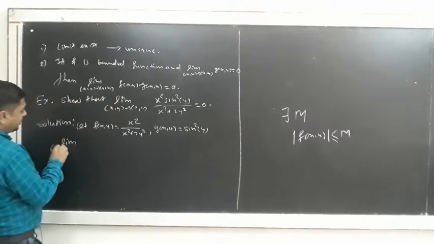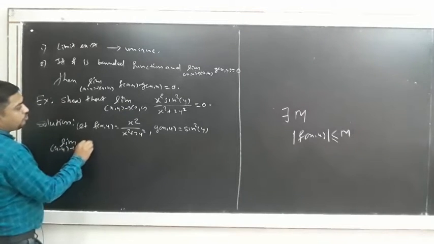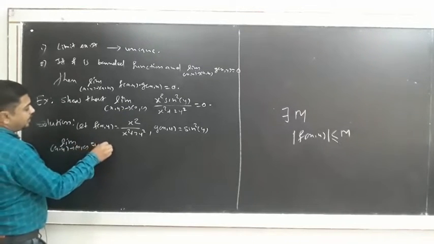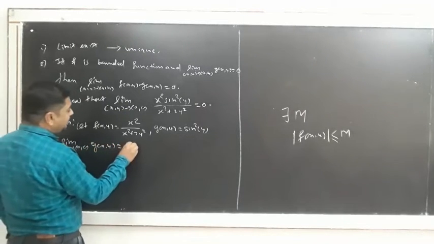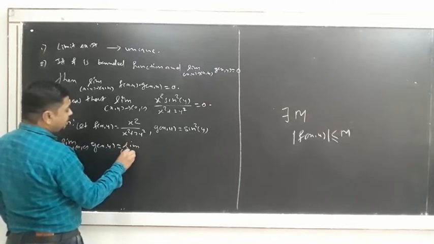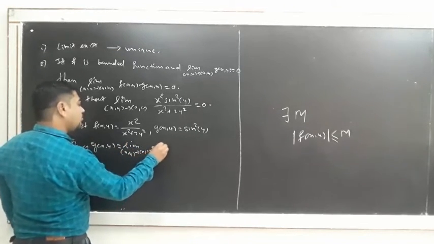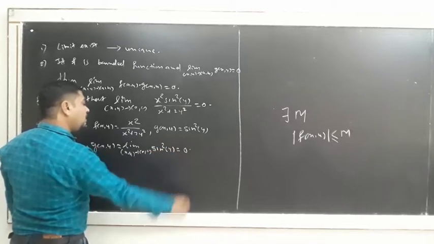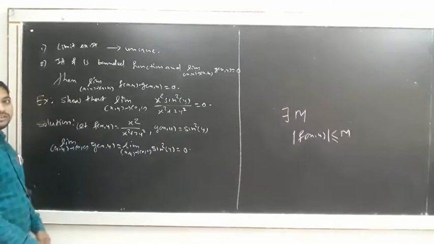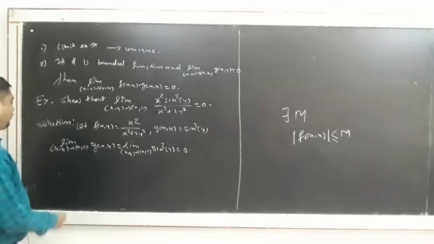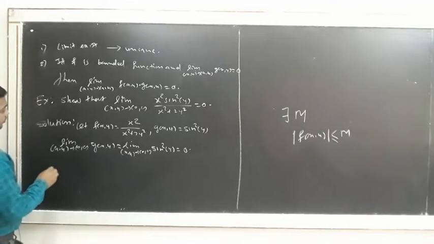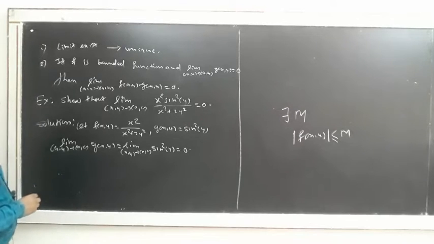So first, limit (x,y) tends to (0,0) of g(x,y) is sine square y, which should be 0, since sine 0 is 0. Now we have to show f(x,y) is bounded.